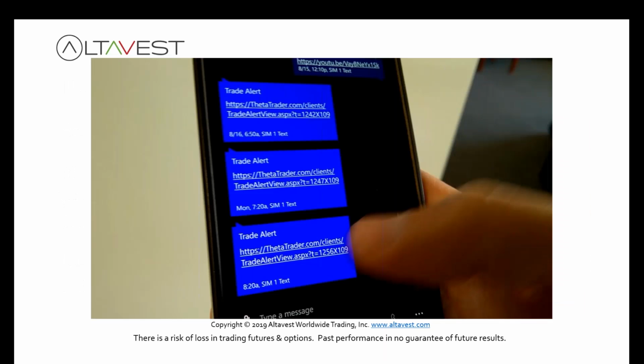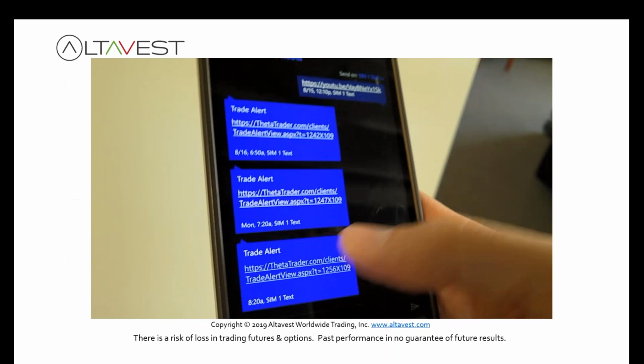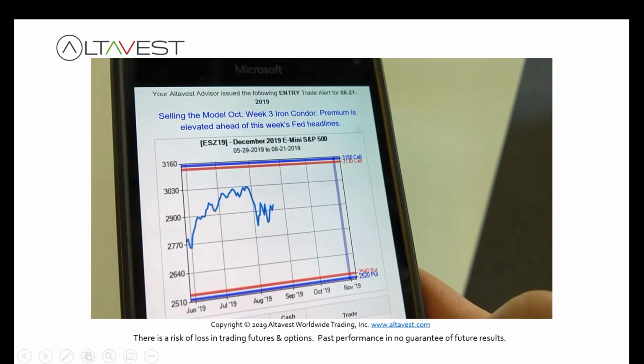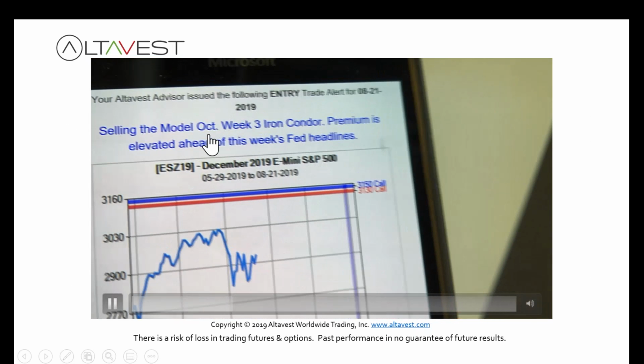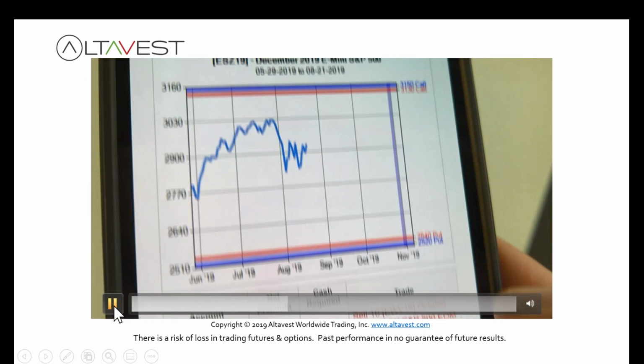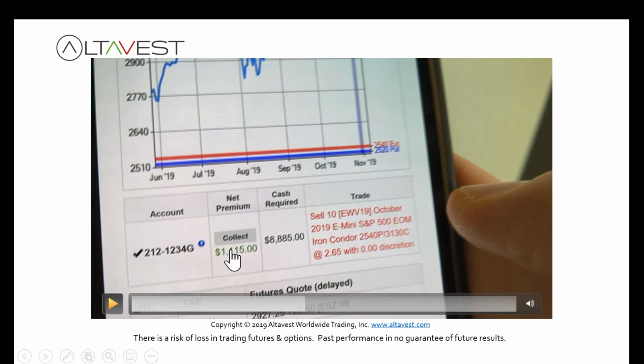So here's what it looks like. You receive that text message. It's a link. You touch the link. You get a graph, you get an explanation. Here's a week 3 condor. I want to point out, it gives you the net premium collected, the cash required, and look at the size, selling 10. It's already pre-sized for your account.